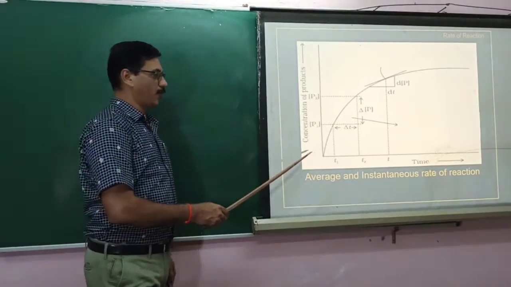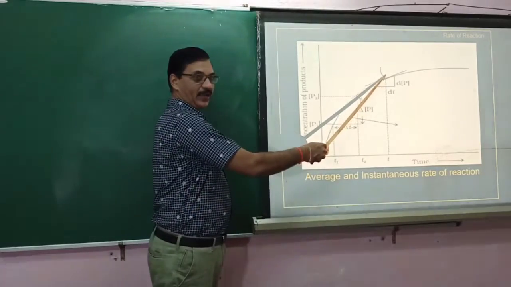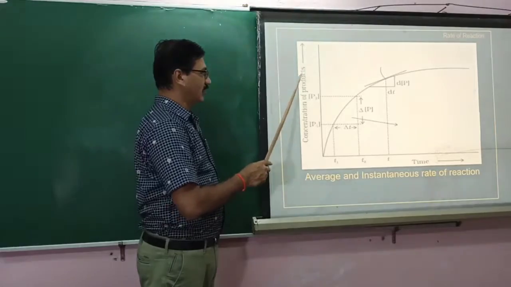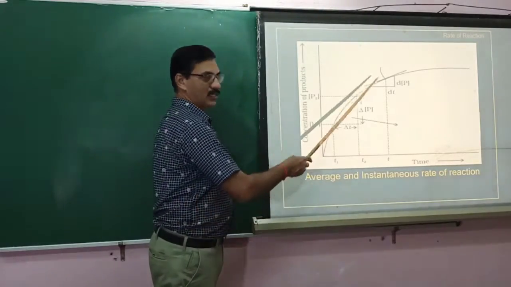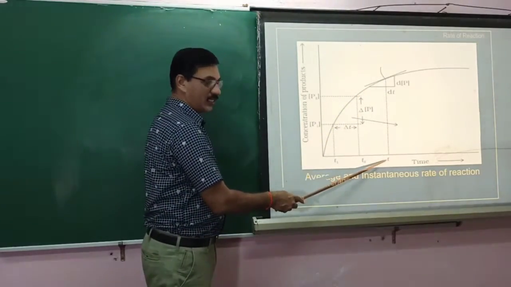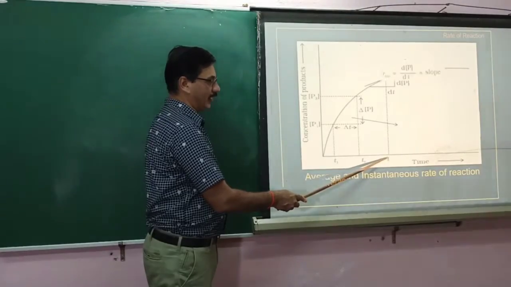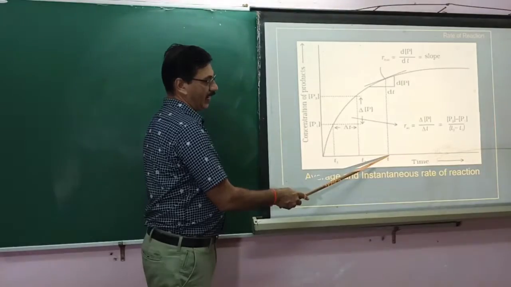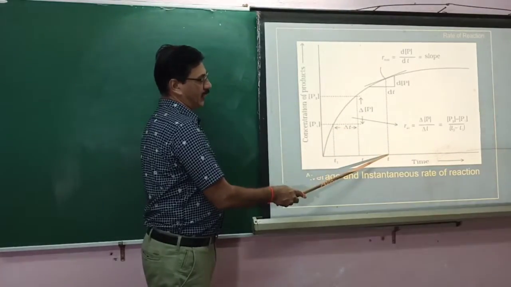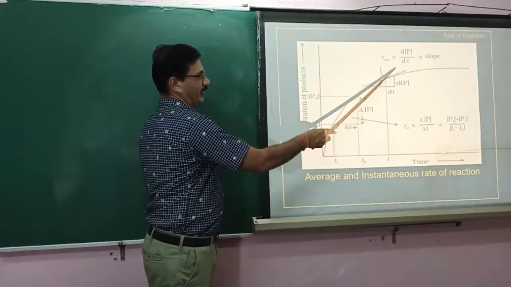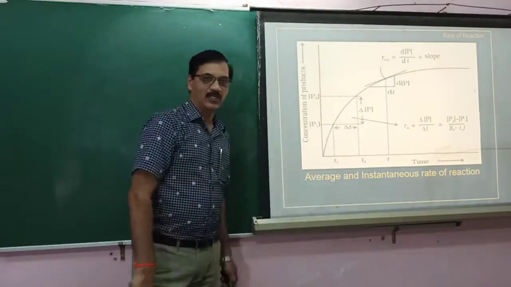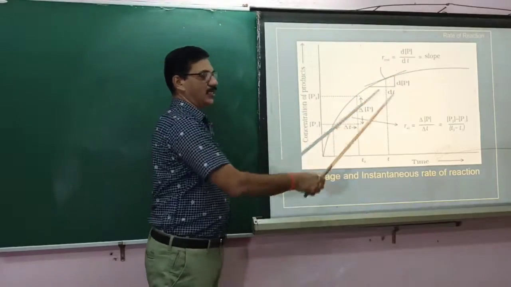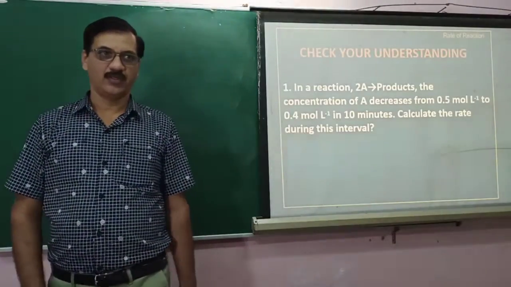From the point of view of the product, it is increasing and there is a positive slope, and the concentration of product versus time is a curve like this. The instantaneous rate can again be found by taking a point at time t, drawing the tangent and finding the slope. Then you will get dP by dt, which is nothing but the slope.